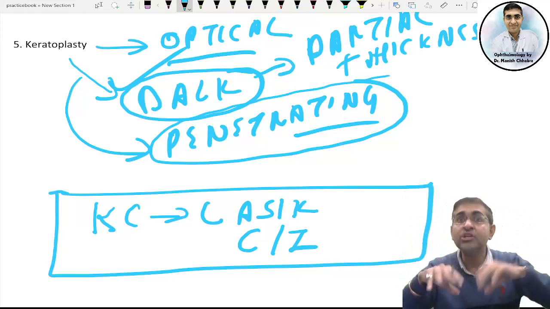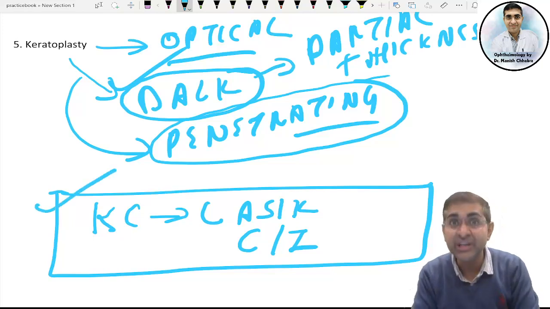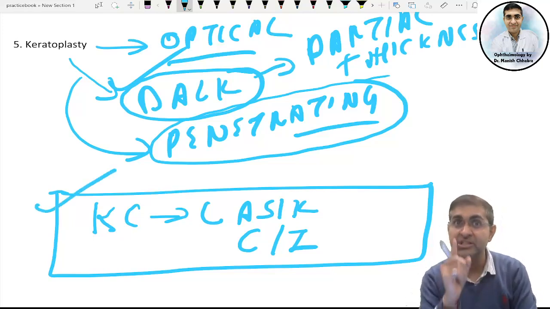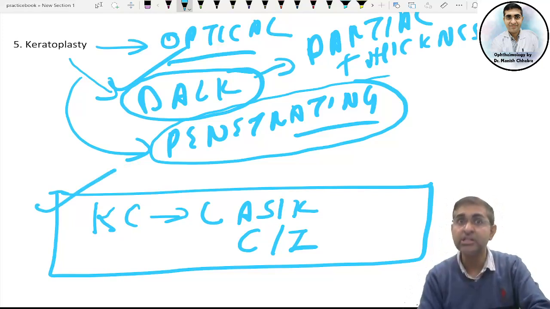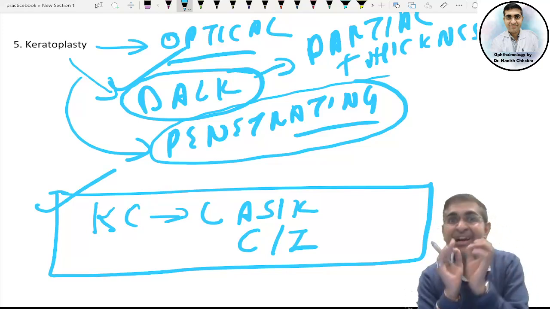But when the cornea is already thinned, it is usually contraindicated. You don't do LASIK surgery in keratoconus. In fact, whenever the patient comes to us for LASIK, we always evaluate the patient for keratoconus.